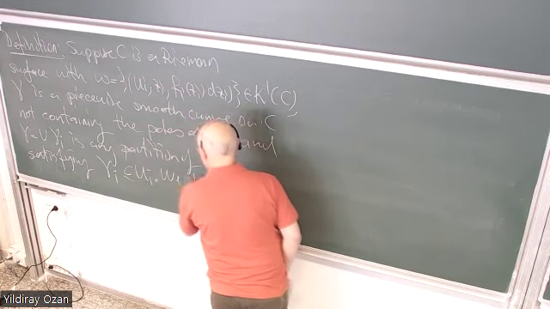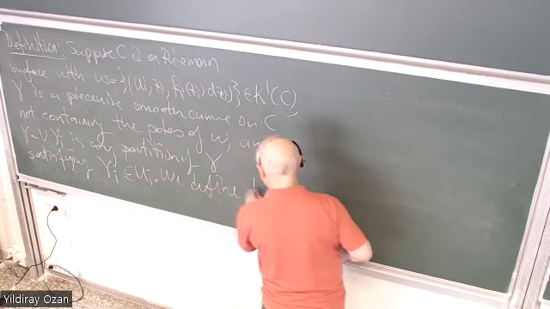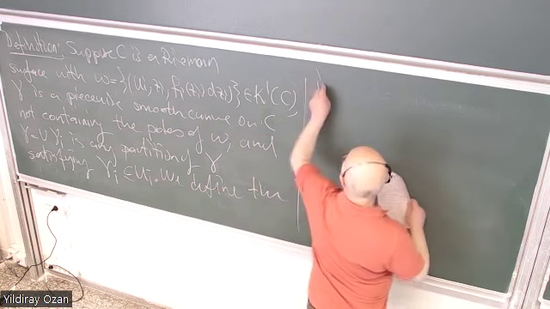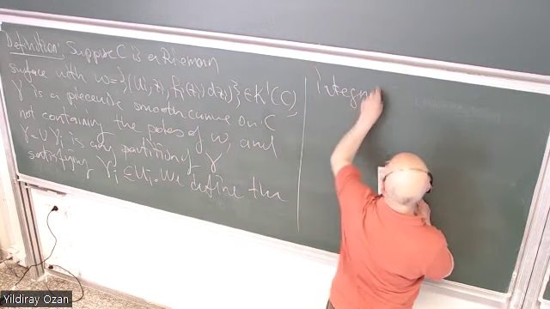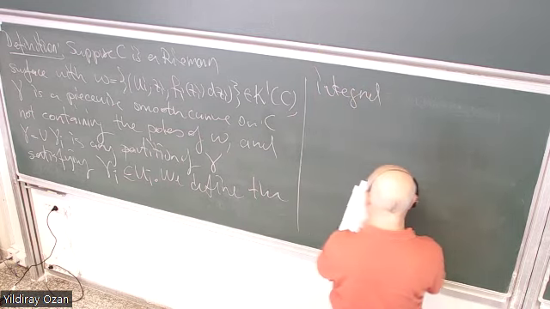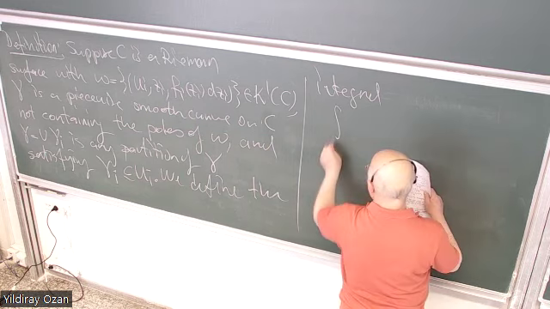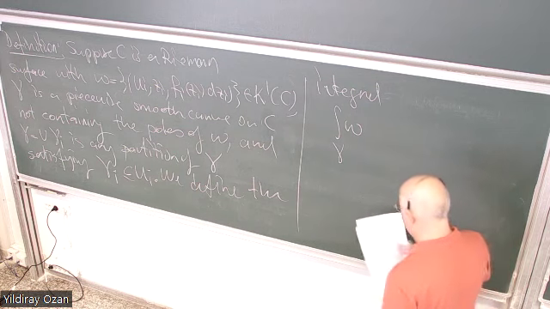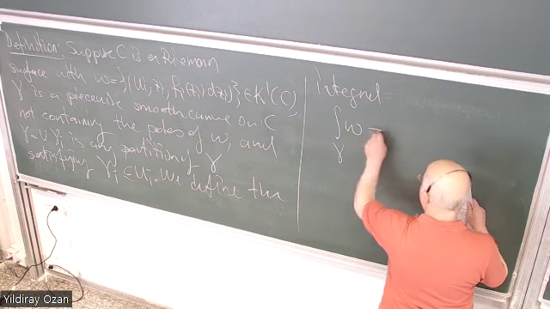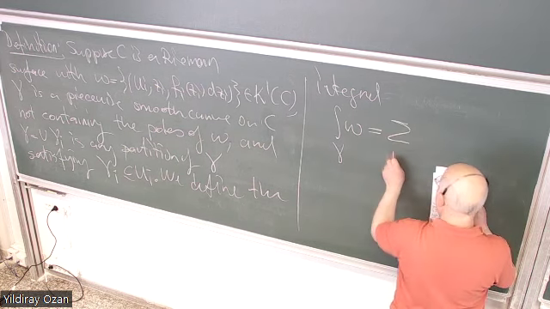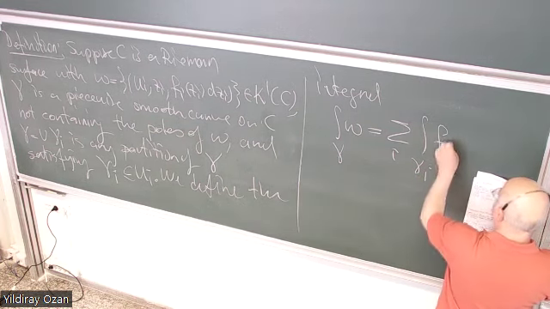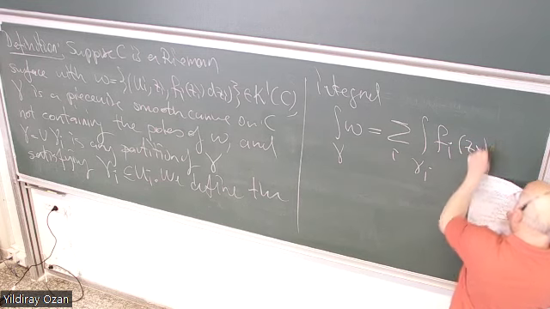We define the integral of omega over the curve gamma as the sum of the pieces, the integral over gamma_i of f_i(z_i) dz_i.